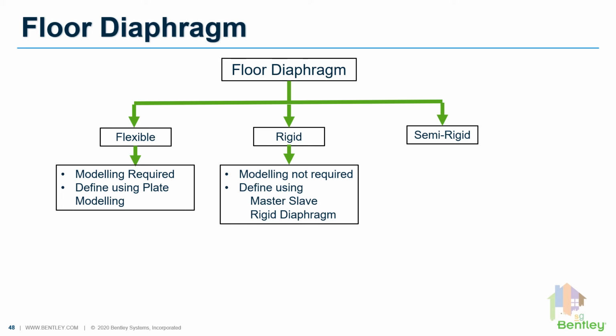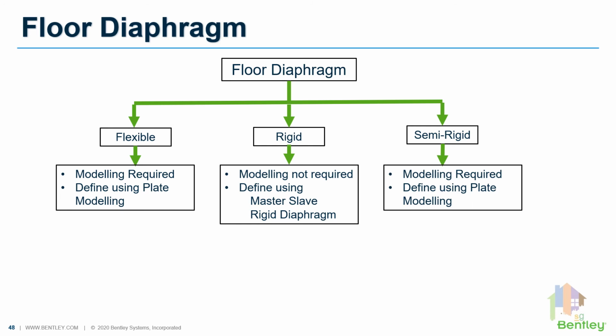Rigid diaphragms have infinite in-plane stiffness properties and therefore they do not exhibit any membrane deformation, whereas semi-rigid diaphragms simulate actual in-plane stiffness properties and will need to be used when significant in-plane deformation does occur or when required by the code.